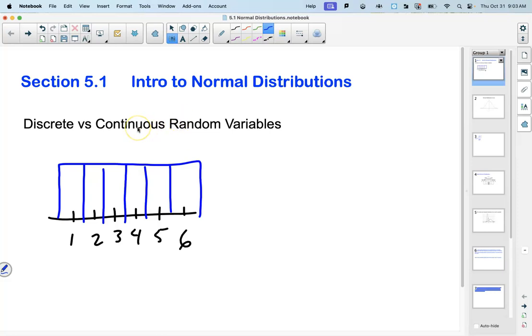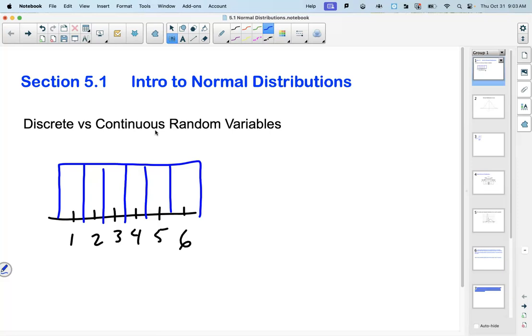Now let's remind ourselves what a continuous random variable is. A continuous random variable can take on an infinite number of values that aren't quite as easily defined. Oftentimes, this is when something's being measured, maybe like a time or a weight, something like that.